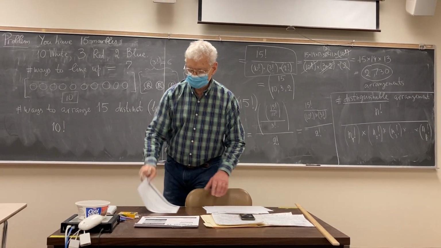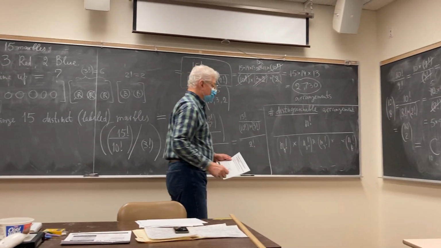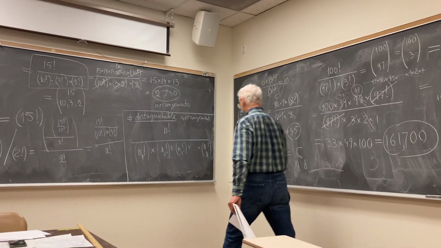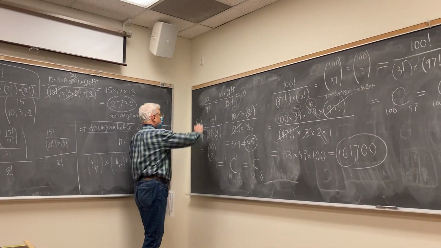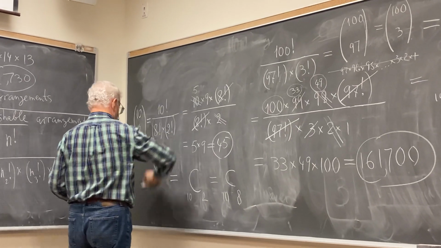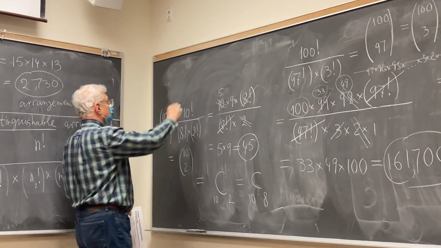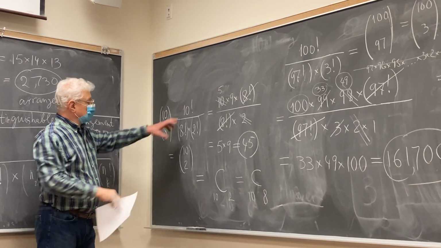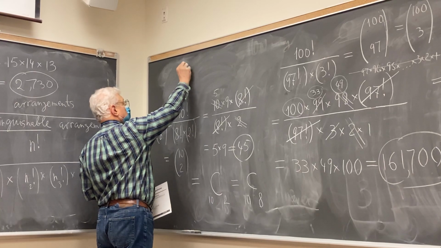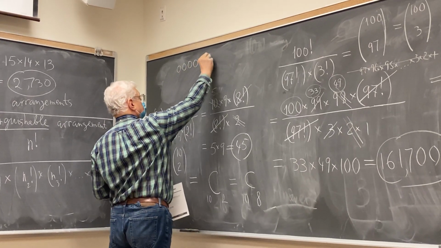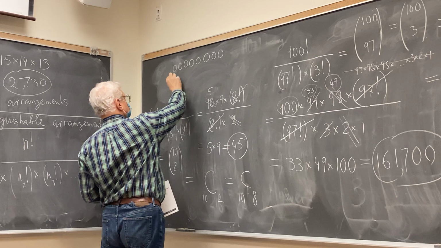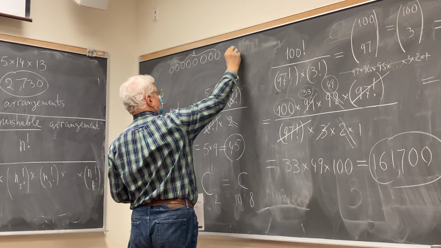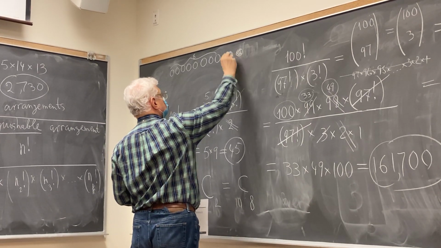Okay, and now I just show you one example. Let's look here. Let's erase this one. I have 10 marbles: 8 white marbles, and then I have 2 black ones.